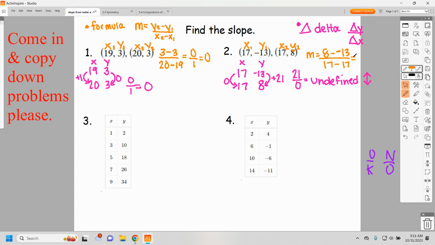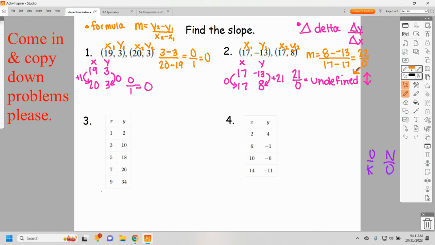Now, you have to say 8 minus negative 13 in your calculator, and when you do, it's going to tell you 21. And then 17 minus 17 in your calculator is going to tell you 0. And you are going to get undefined as well. Two separate ways to get the same answer. You choose which way you like better. All right?